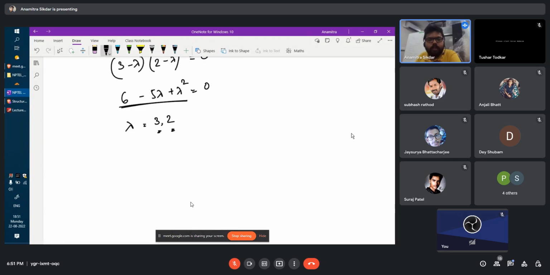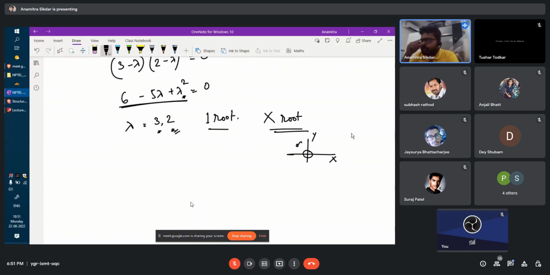It's a quadratic equation, so it will have two roots. But it is not necessary that you will always have two roots. You might get only one root, or you might get no root, right? For example, for a rotation along the z axis, say this is x and y, if you rotate this by 90 degrees, you won't get any real eigenvalue. It will be imaginary.